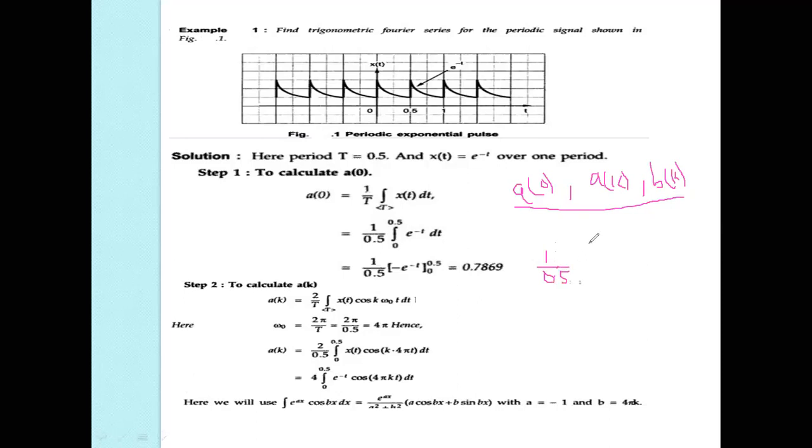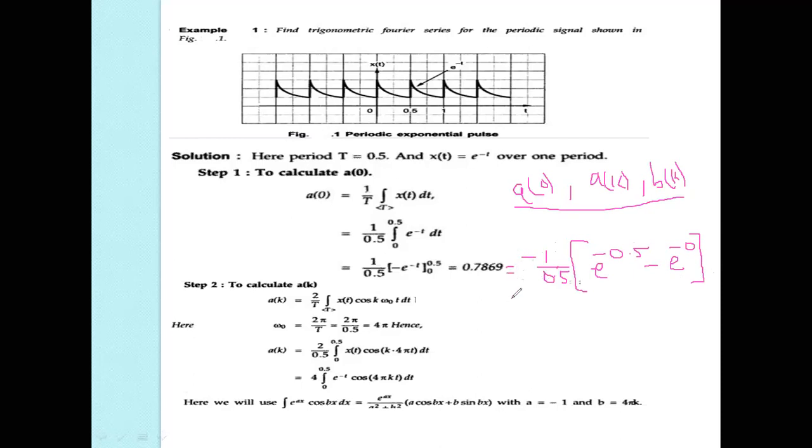If you have calculators, take your calculators and find the value. Here the minus is there, I am keeping the minus here: minus e power minus 0.5, the upper limit, minus e power minus 0.